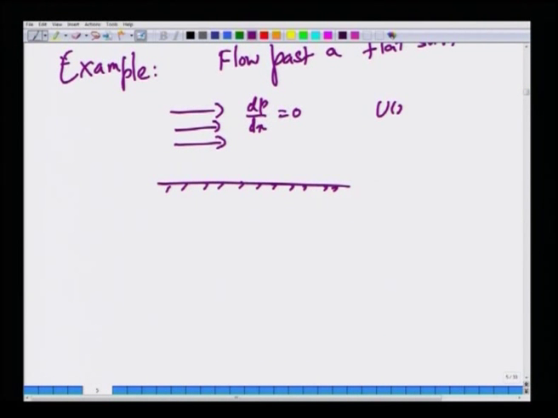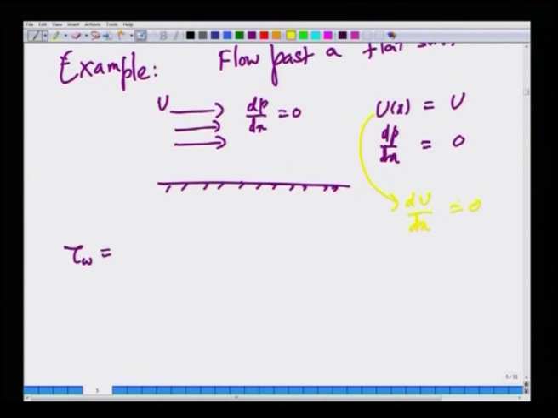So, U of x is a constant velocity U independent of x, and dp dx is 0. These are the two conditions. Okay. So, tau w essentially becomes, since if U of x is capital U, then dU dx is 0.